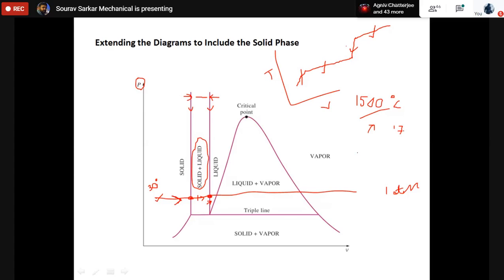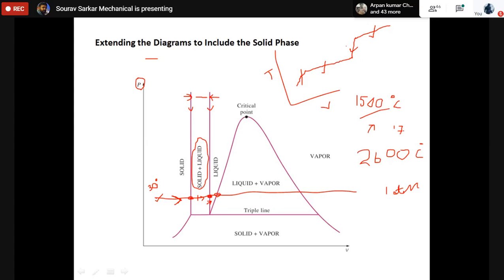When it reaches 2600 degrees Celsius, it will reach its boiling point. So this point is the point where it is just about to boil.